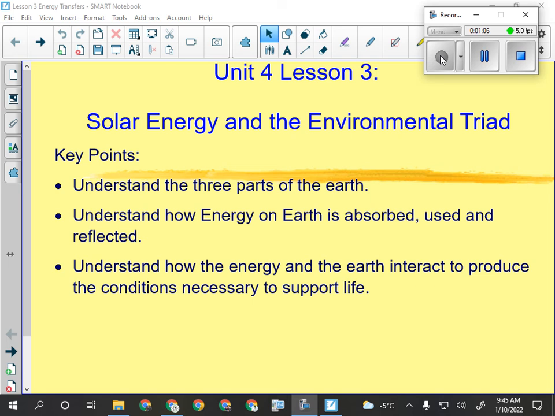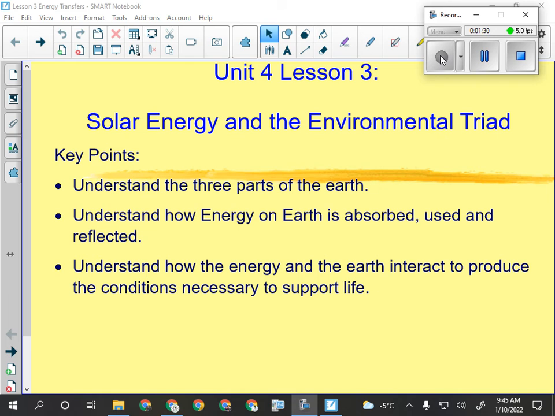So it's either absorbed, reflected, or converted. Those are basically the 3 things that can happen to light when it strikes the Earth's surface. If it's absorbed, then the energy of that area goes up and it usually gets warmer. If it's reflected, it just bounces off, doesn't really have any effect whatsoever. If it's converted, that means the light is transformed into some other form of energy.